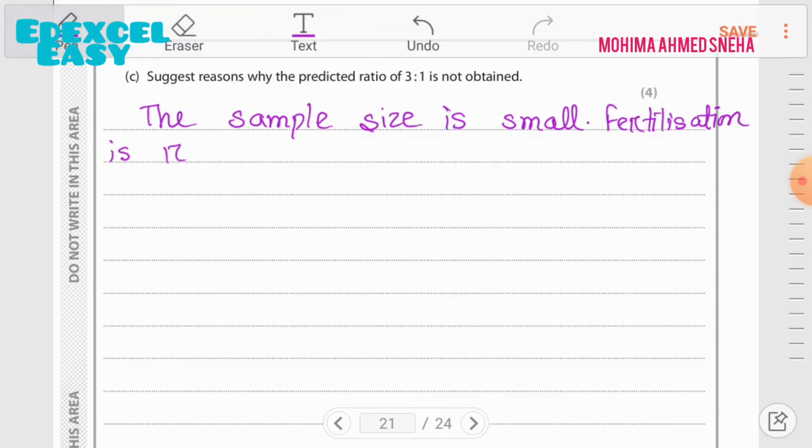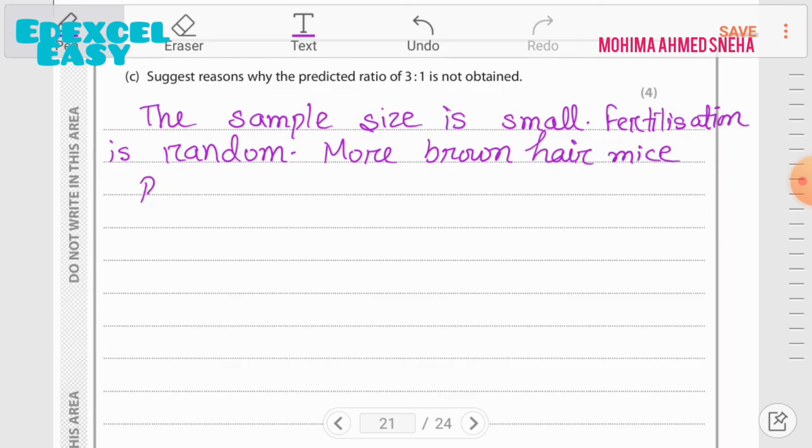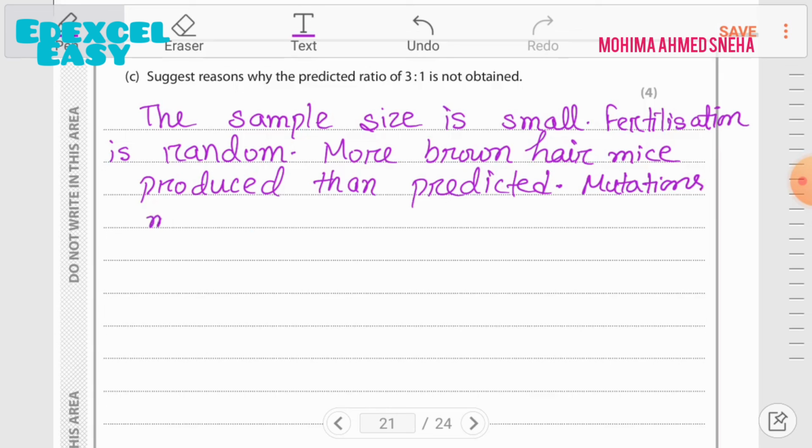More brown hair mice than predicted. And mutations may have occurred.